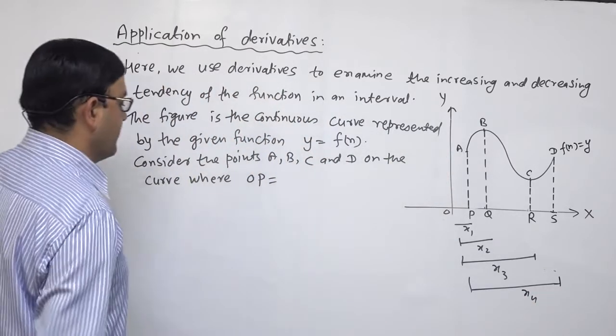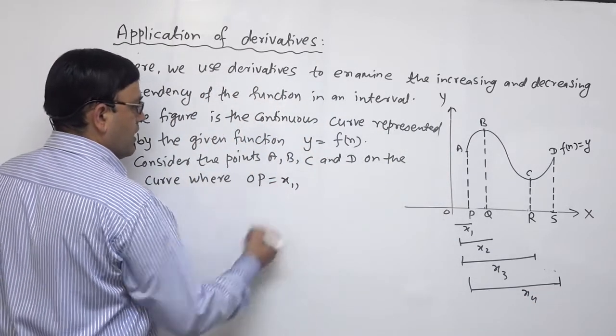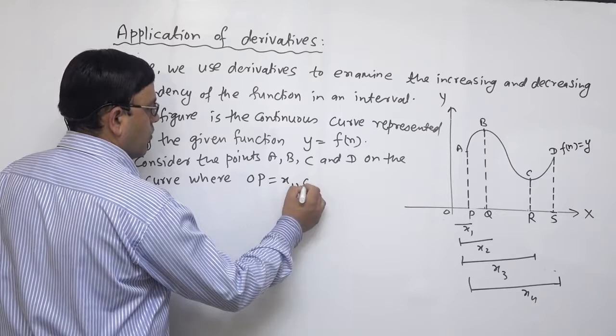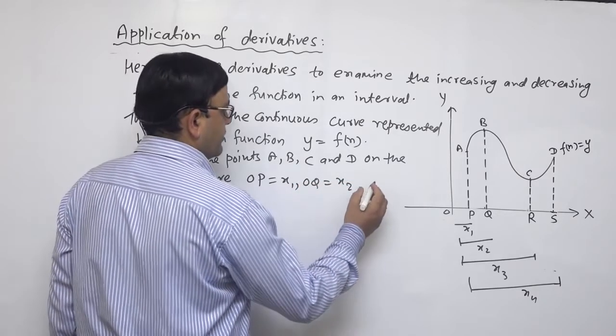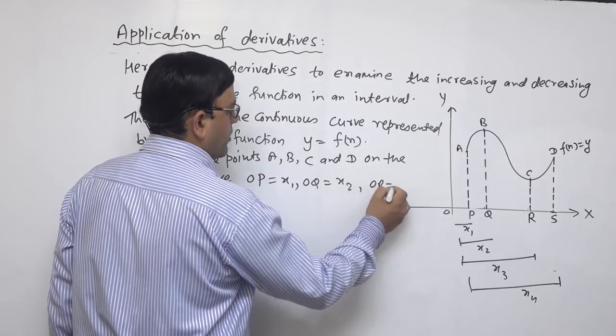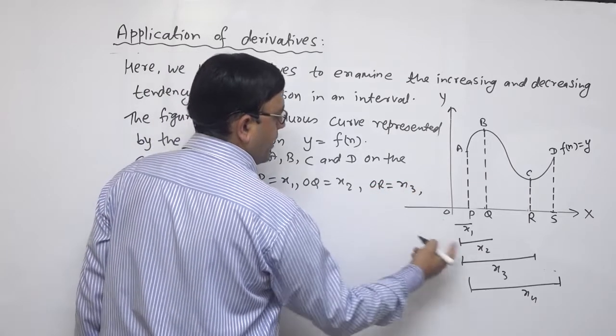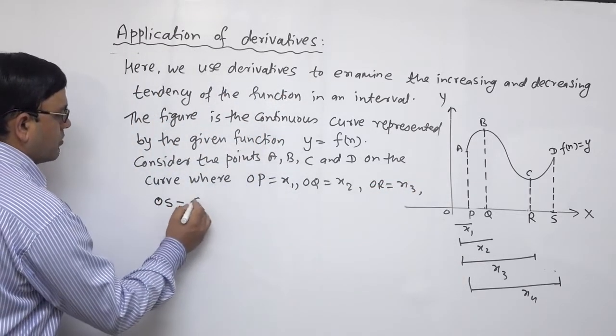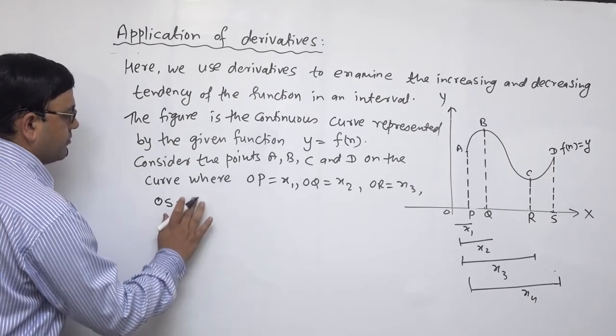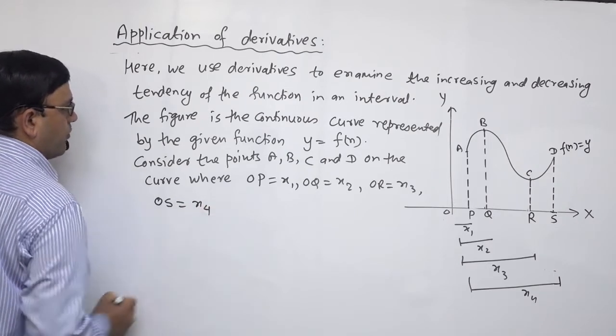So we write OP is equal to x1, OQ is equal to x2, OR is equal to x3, similarly OS is equal to x4.